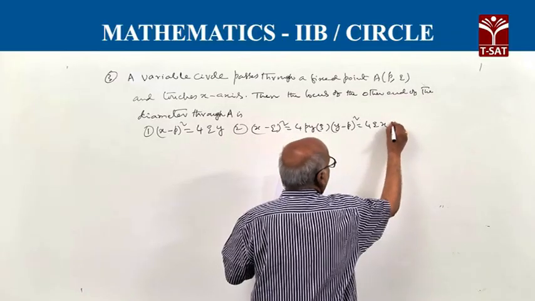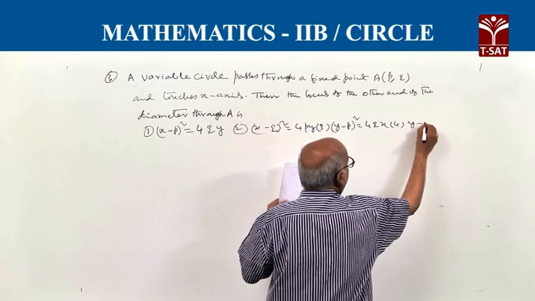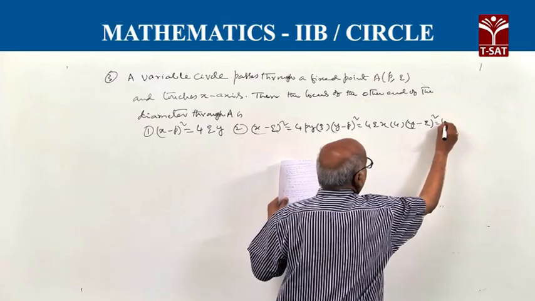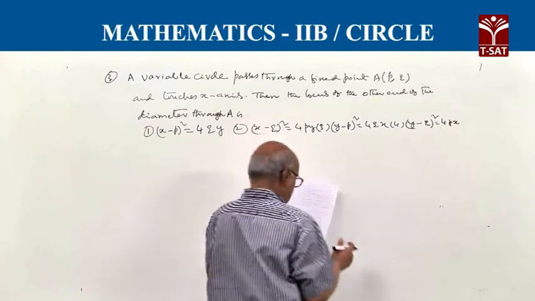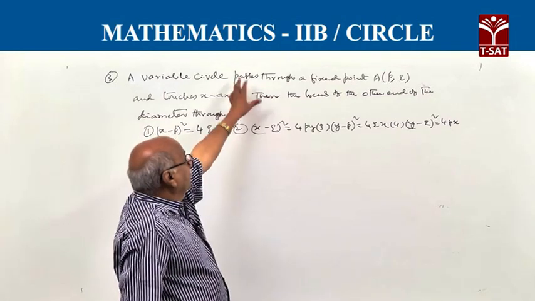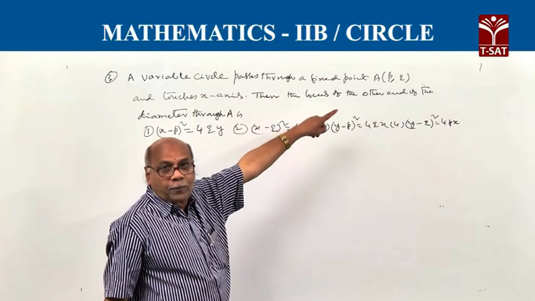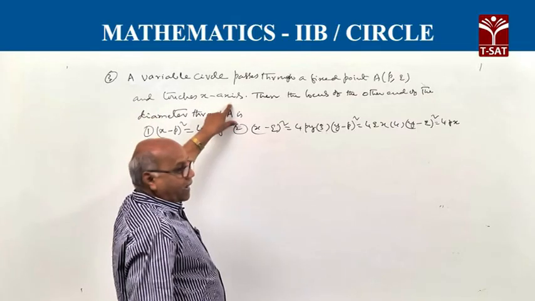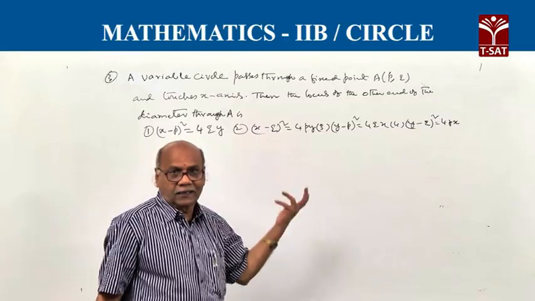And 4, (y minus q) whole square is equal to 4px. So, a variable circle, of course, passing through the point (p, q) and touching the x-axis, then the locus of the other end of the diameter is being asked.